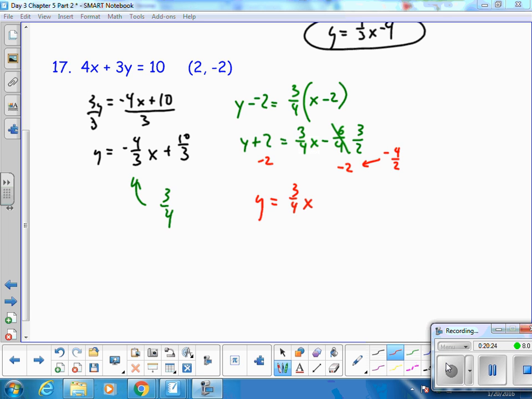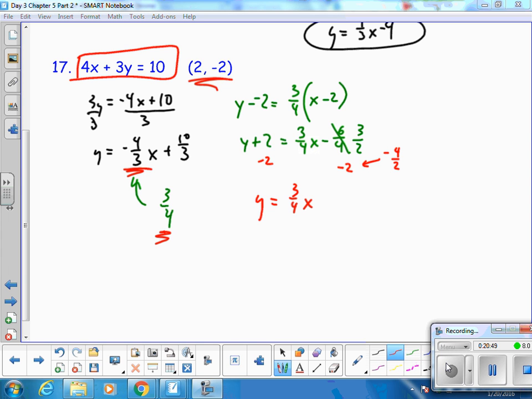So I took my equation, which started off in standard form, and I turned it into slope-intercept form so I could find the slope here. And then I used its opposite reciprocal. Once I had the slope I wanted and the point, I was able to use point-slope form and work through that. I ended up down here.